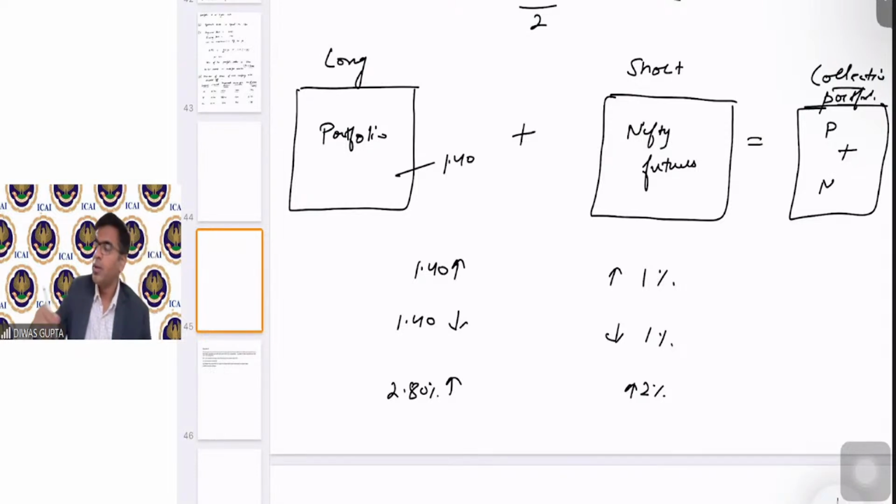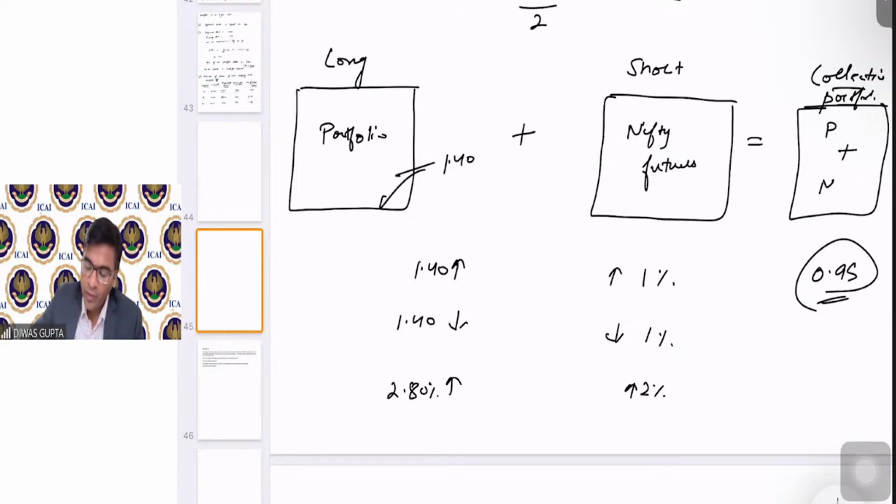This is a new portfolio. With this, what we are trying to say is that it has become 0.95 only. The reason being, whatever 1.4 increase or decrease is there, it is offset by some amount of gain or loss on Nifty futures, which is driving our beta to 0.95.